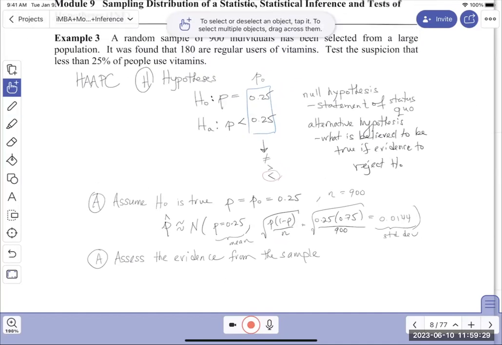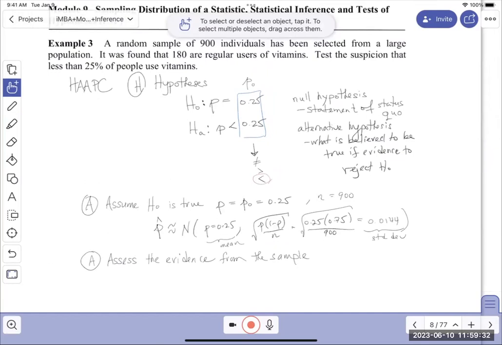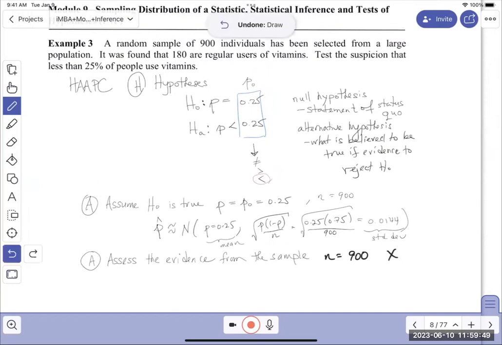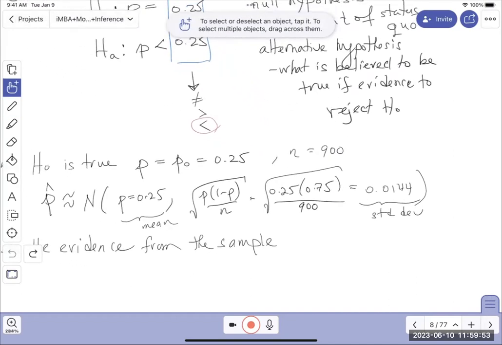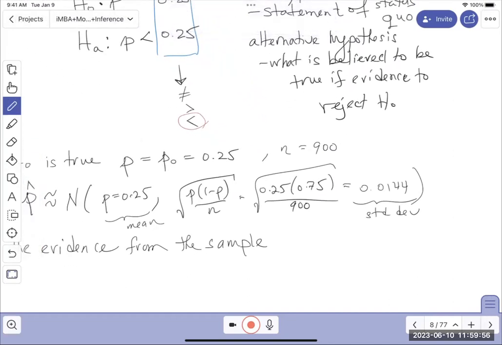We took a sample. And what did we get? N was 900. X was what? 180. Right. So then what is P hat?